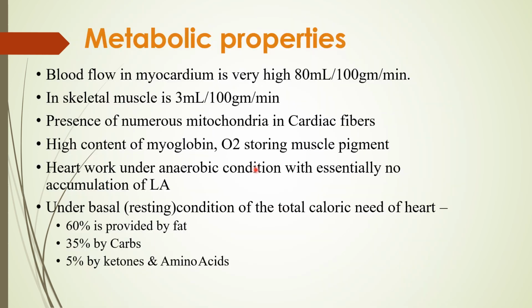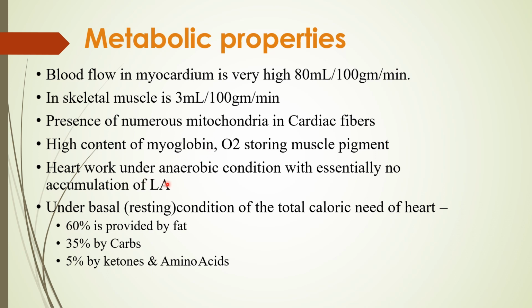Okay, now coming to the metabolic properties of cardiac muscle. Blood flow in the myocardium is very high, that is 80 ml per 100 gram per minute, whereas in skeletal muscle it is only 3 ml per 100 gram per minute. And there are numerous mitochondria in the cardiac muscle fibers which supply the ATP. And there is a high content of myoglobin, which is an O2 storing muscle pigment.